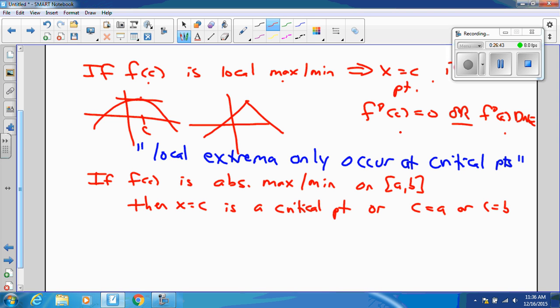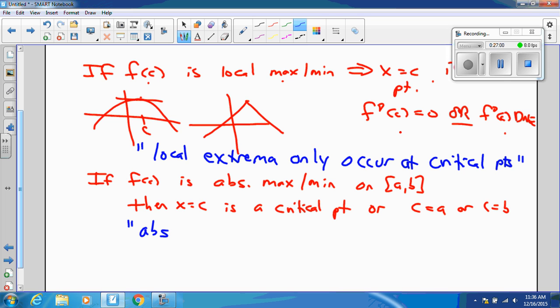It is either a or b. In other words, absolute maxes and mins can occur at two places, critical points or endpoints.